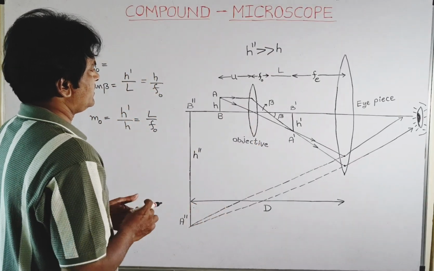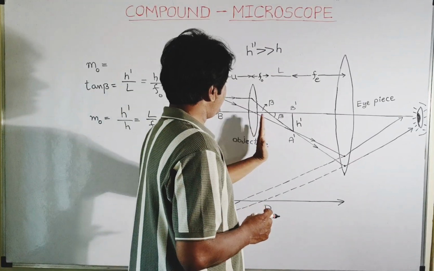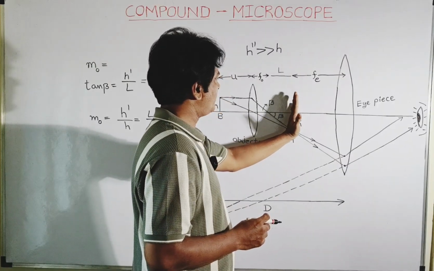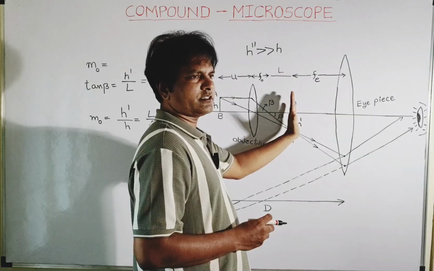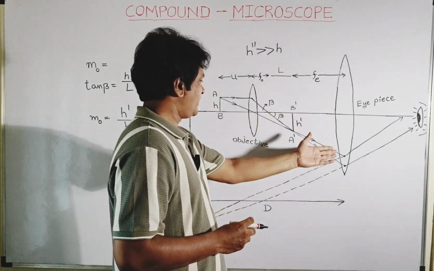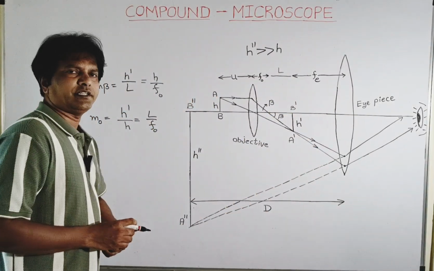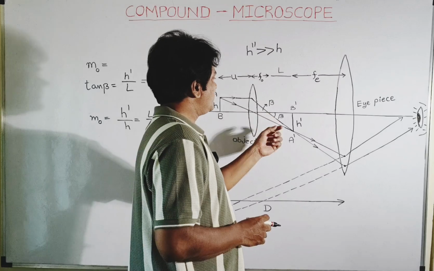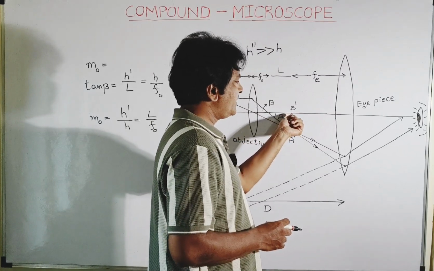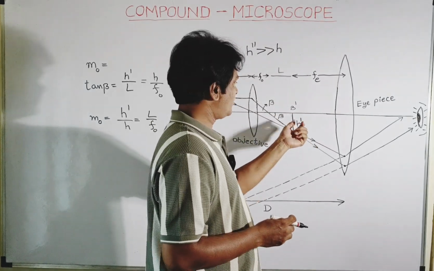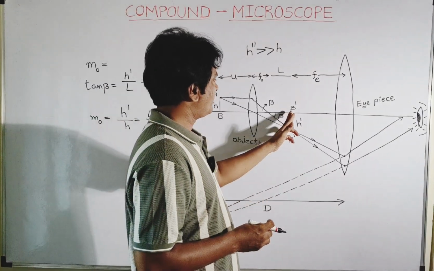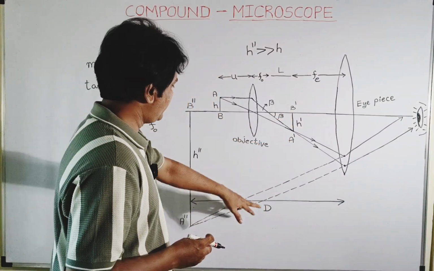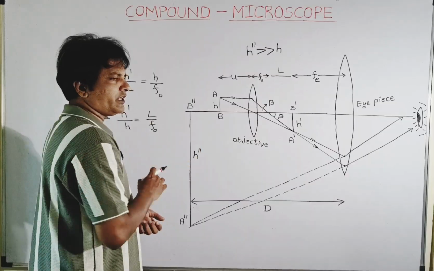Now we see the image is formed at the focus of the eyepiece. If the image is exactly at the focus, the final image will be at infinity. If the image is very near, not exactly at the focus, but very near to the focal plane, the final image will be at the near point.